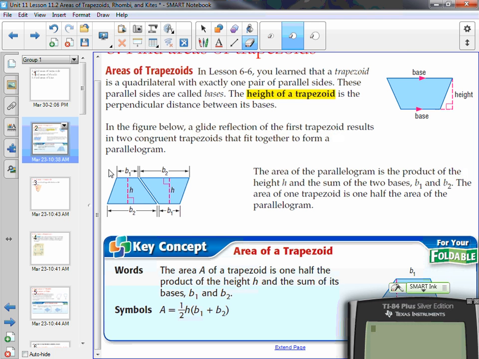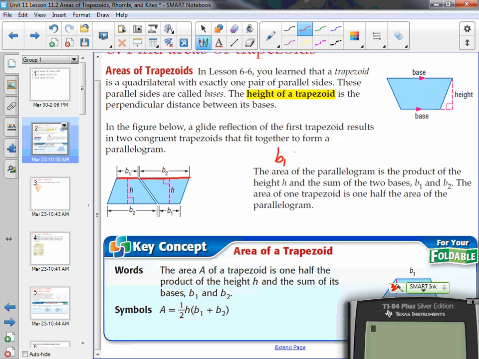All right, and then look at it. What's the length of one of the bases of this brand new parallelogram? Well, it's the original little base plus the original other base. So it's one of the bases plus the other base for the original trapezoid.